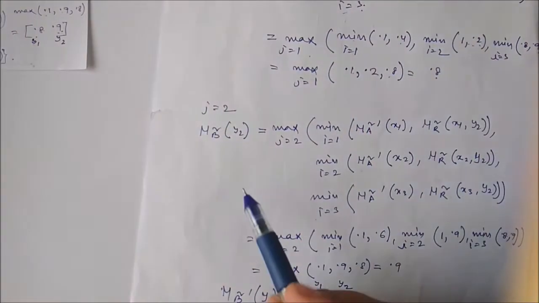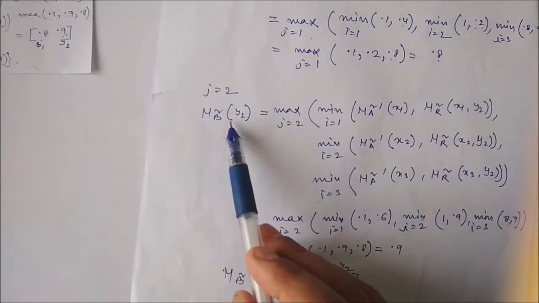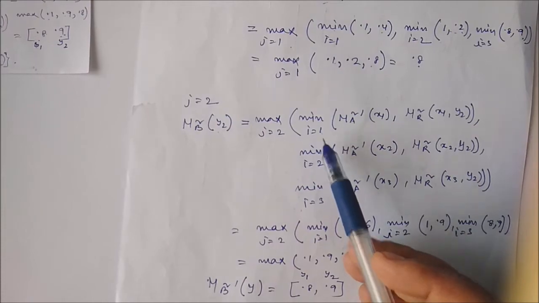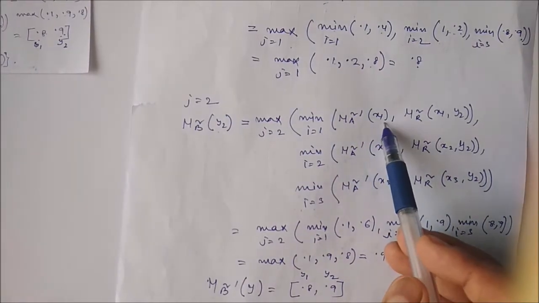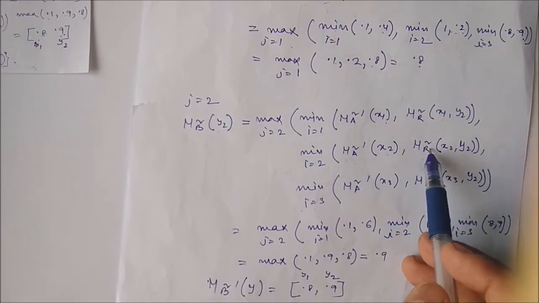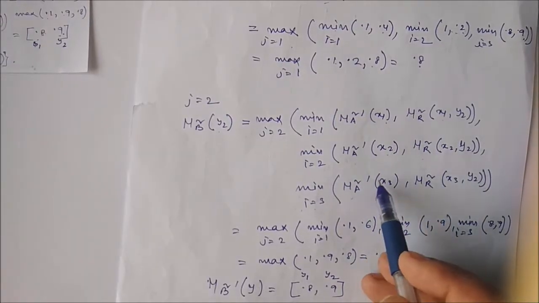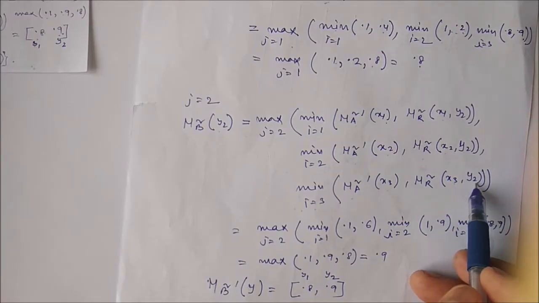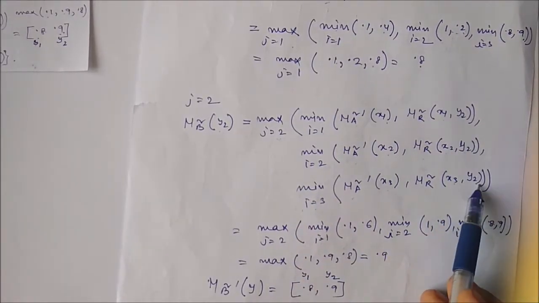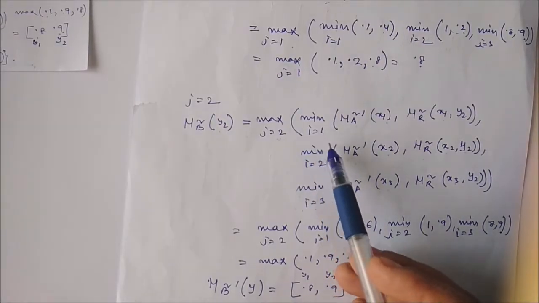If j is equal to 2, for mu b y2, i will be 1, 2 and 3. So mu a dash x1 with mu r x1 y2, mu a dash x2 with mu r x2 y2, mu a dash x3 with mu r x3 y2. Here j is 2, that's why all are y2, but i varies from 1 to 3.